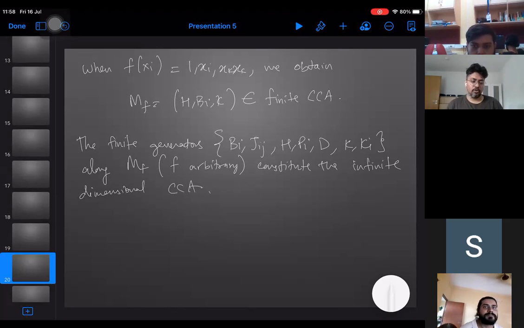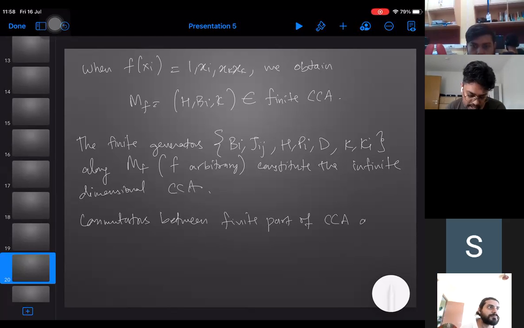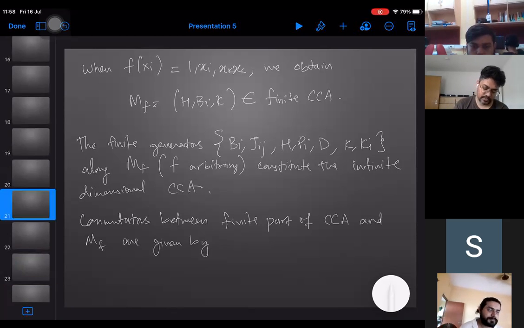So the commutator between the finite part of CCA and your MF is basically given by this.